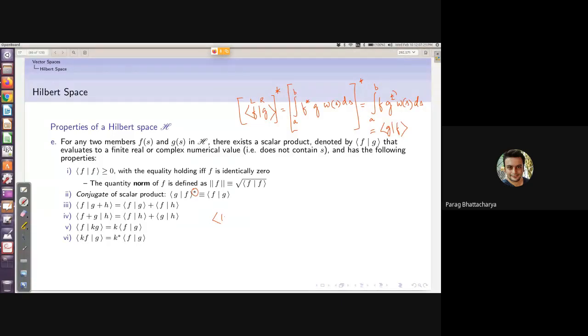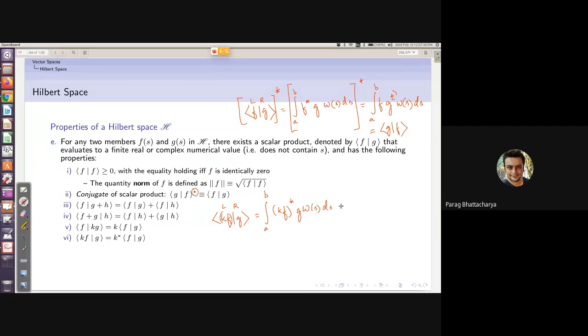So I want to find out (kf, g). This is what I want to find out. So this kf is the function. According to this definition, we have a and b. This is the left function, this is the right function. Whatever is the left function is kf, you have to take the conjugate of this, then g w(s) ds.